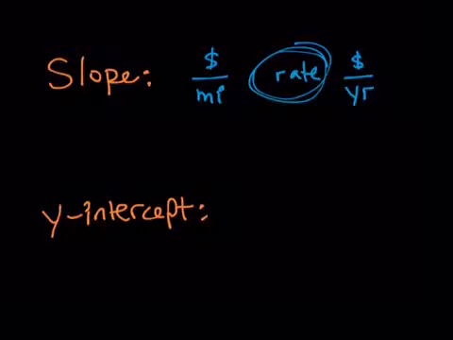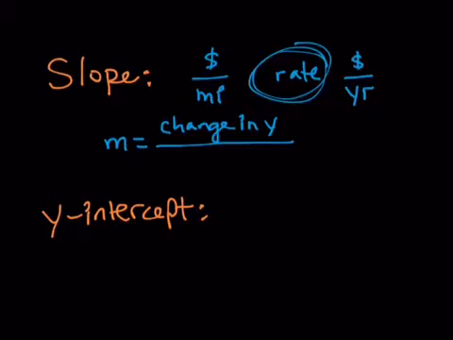So think about how we get slope. We find the difference between y values, or we could describe that as a change in y, and then you divide that by subtracting x2 minus x1, or calculating a change between two different x values.